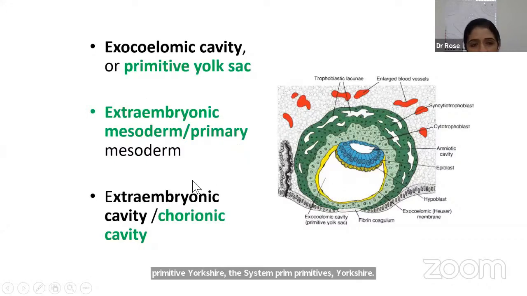Now, you also have the formation of the extraembryonic mesoderm, that is the primary mesoderm. The mesoderm which is formed outside the embryo, and which is the first formed mesoderm, is the extraembryonic mesoderm. The cavity formed within the extraembryonic mesoderm is called the chorionic cavity.